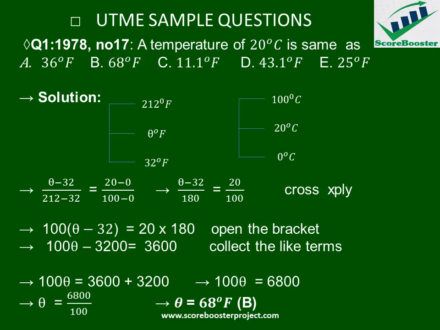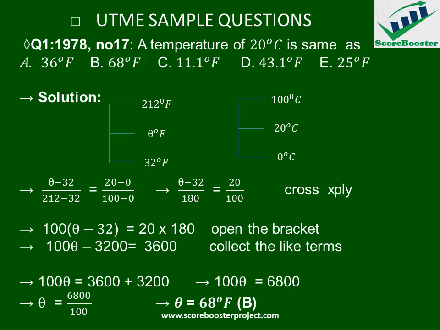Substituting: theta minus the ice point, which is 32, over the steam point, which is 212, minus 32, equals the intermediate in Celsius, which is 20, minus 0, over 100 minus 0.